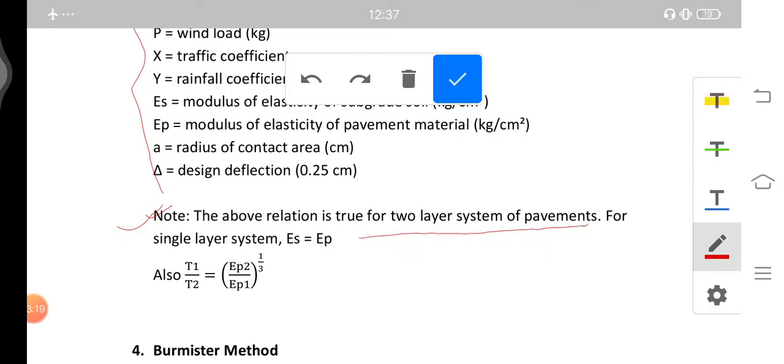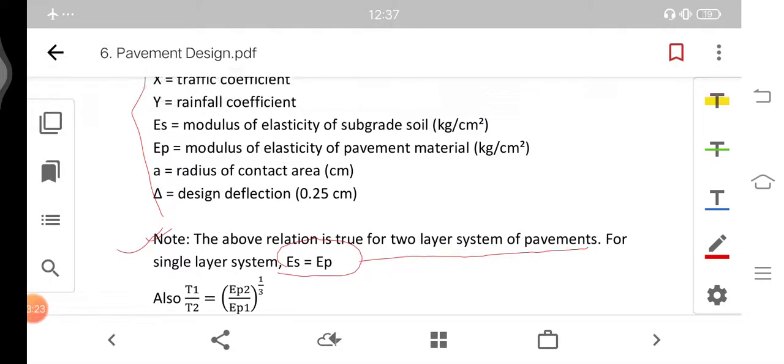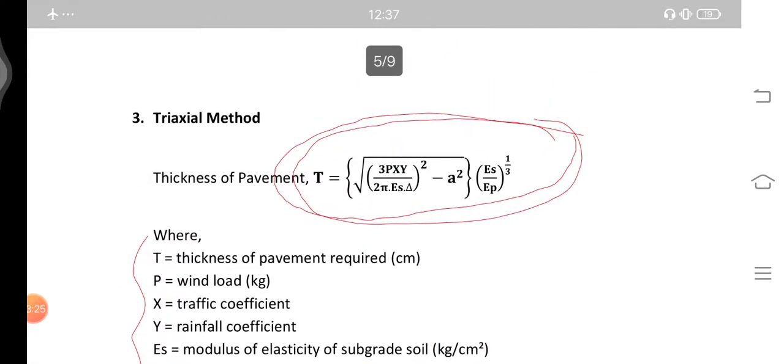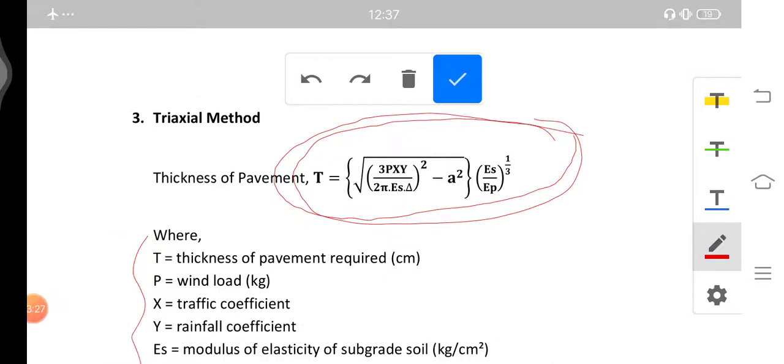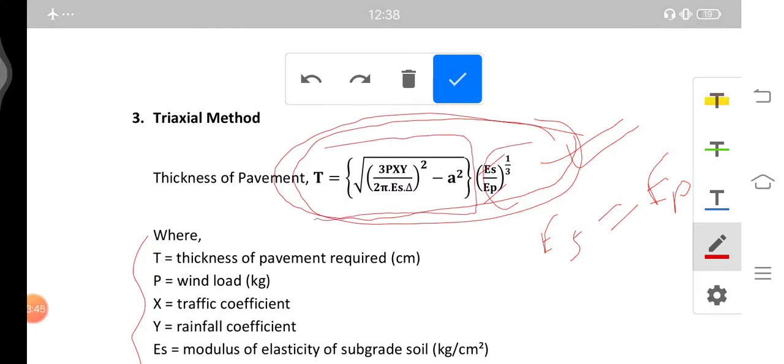For a single layer system, ES shall be equal to EP. And if it is so, then this term gets cancelled, and the formula reduces to this much for a single layer.